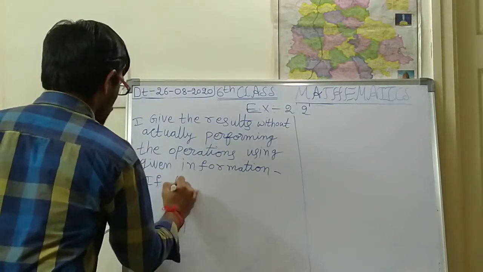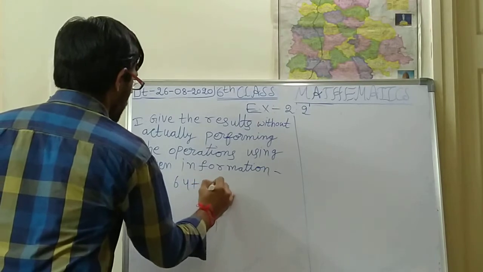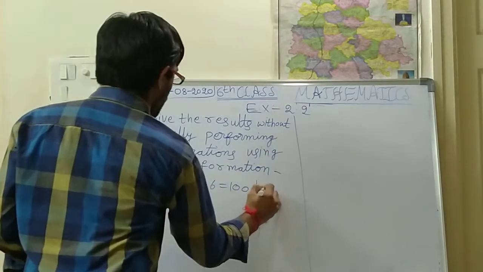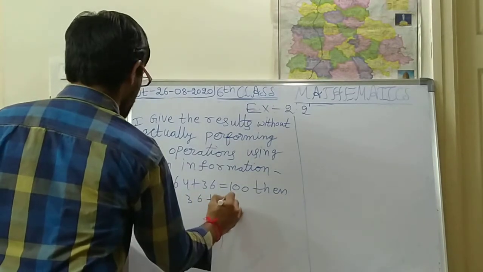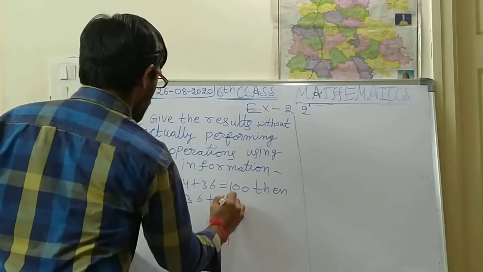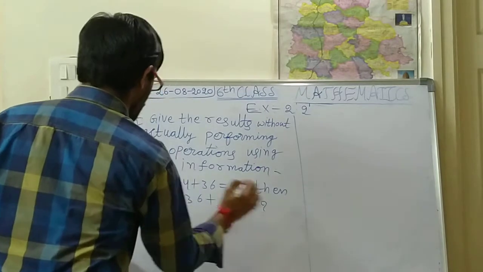If 64 plus 36 is equal to 100, then 36 plus 64 is equal to how much?